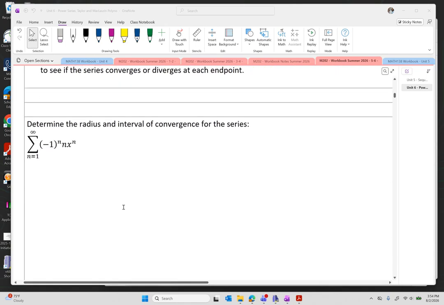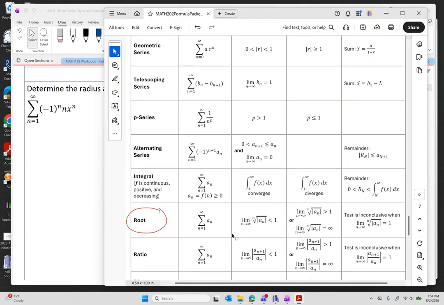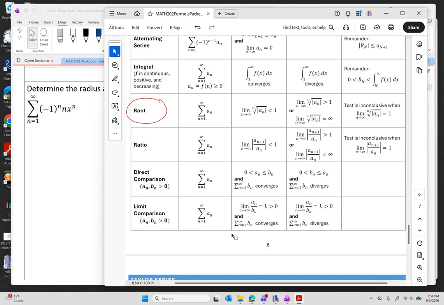So to find the radius and interval of convergence of series, we will use the ratio test. The ratio test just requires us to understand what the series looks like and then take the limit of two consecutive terms as n approaches infinity.